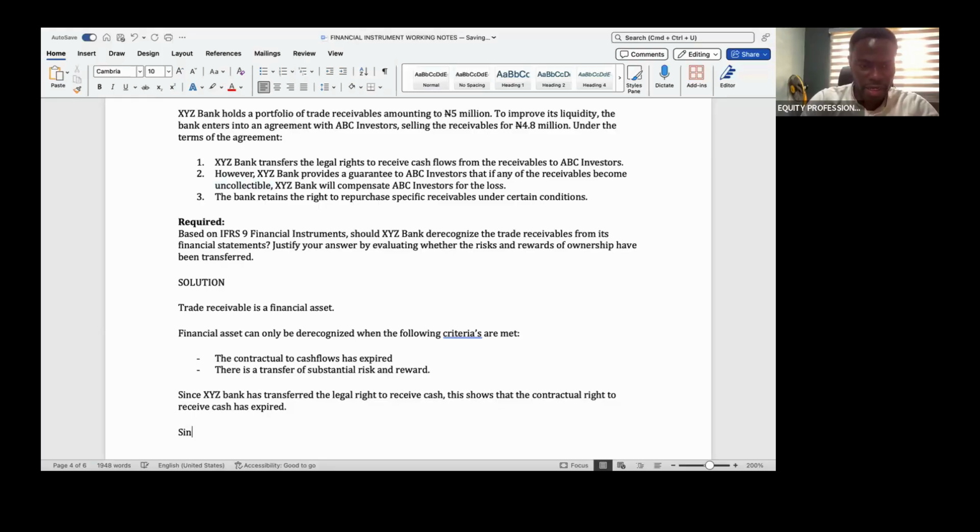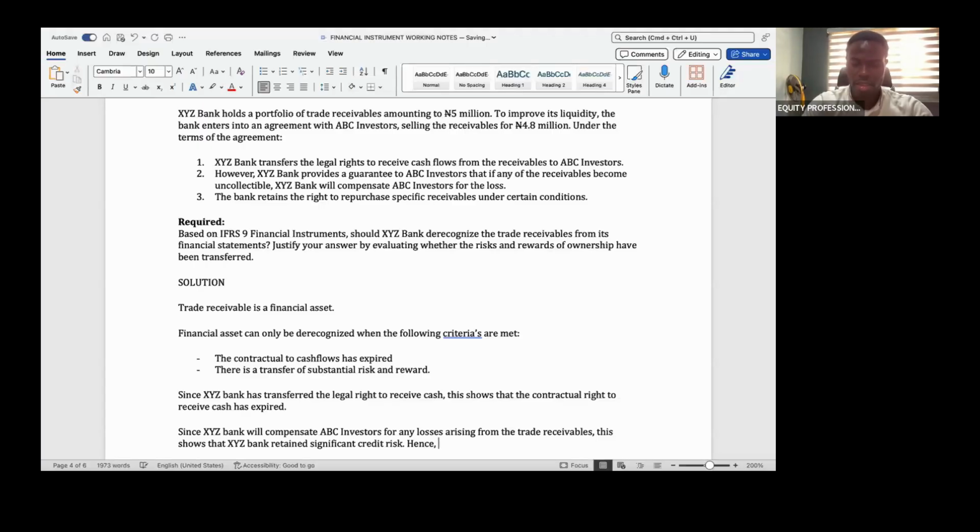Now, again, since XYZ Bank will compensate ABC investors for any losses arising from the trade receivables, this shows that XYZ Bank retains significant credit risk.